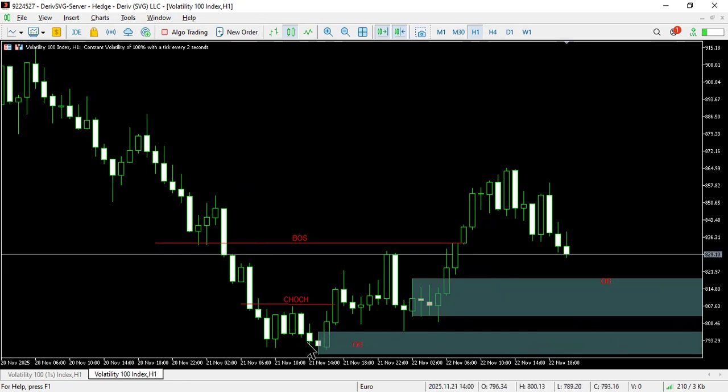Because whenever a change of character happens, price will always come back to tap into the order block which caused that change of character. In this case, when price changed character, it did not mitigate this order block, and then it started pushing up.